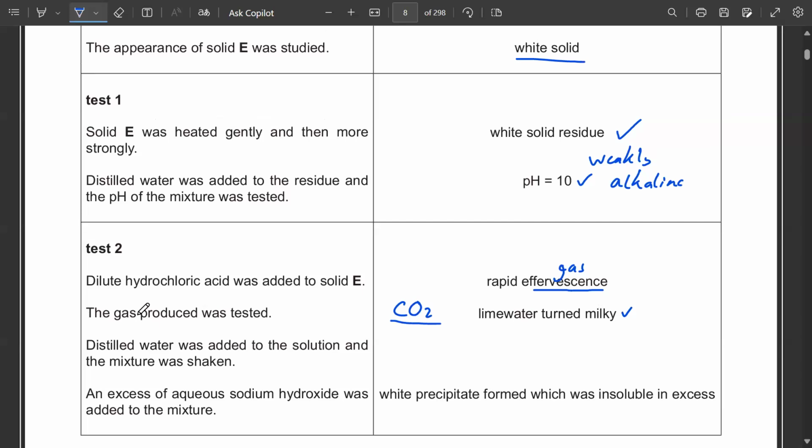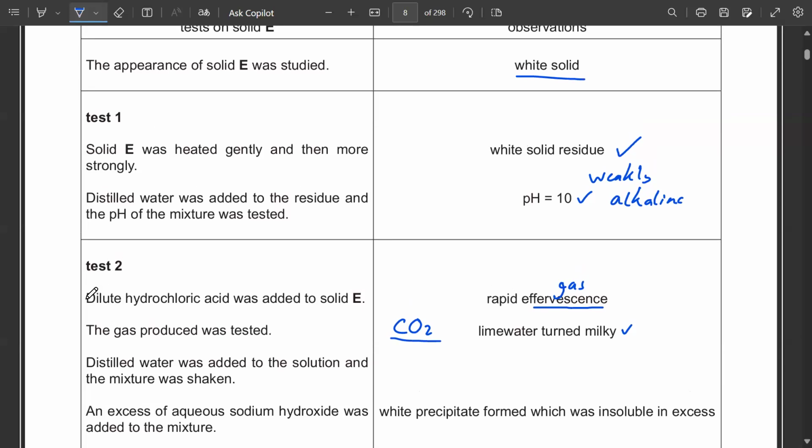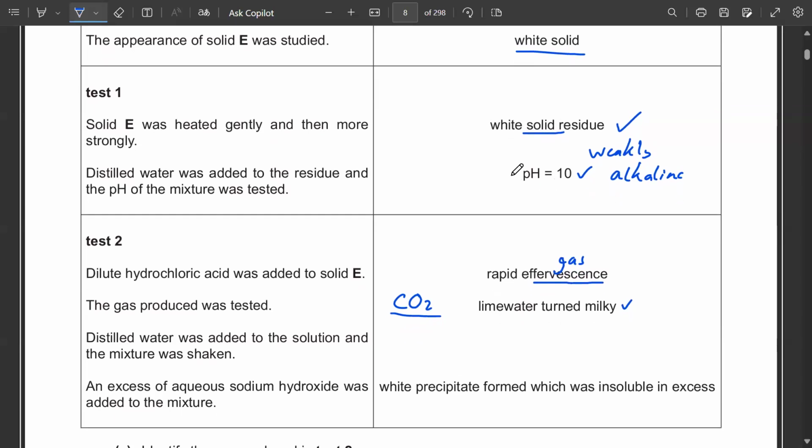If we come back to test number 1, it is a solid, so we should know the formula should be of a solid, and then distilled water was added to the residue. The pH was tested, which is a high pH value, which means the metal which is bonded over here must be of group number 1 or group number 2.